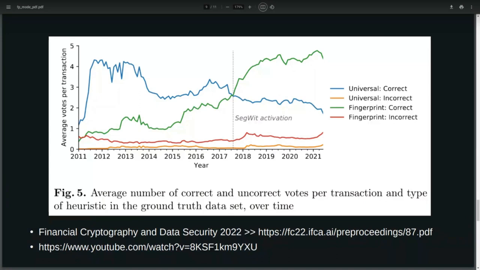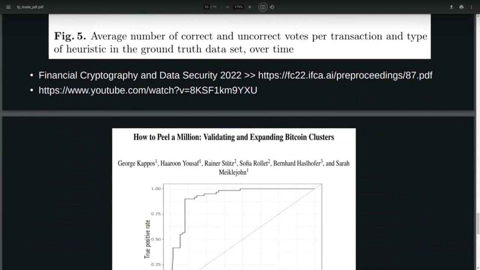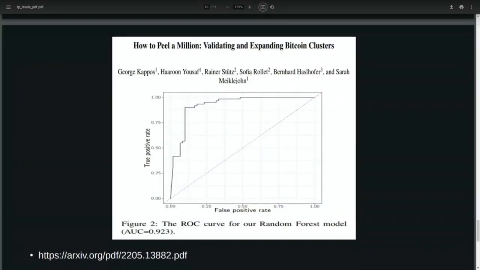When SegWit was introduced, we got a new script type, which this graph sort of implies has basically increased the accuracy of their heuristics. And one last paper to just talk about here.